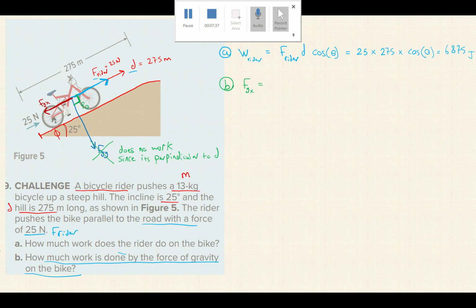Fgx can be found by multiplying mg sine phi. That's something that we have taken in term 2. The mass of the bike is 13 kilograms and g is a constant number, it's 9.8. Phi is the inclination angle, here it's mentioned to be 25.